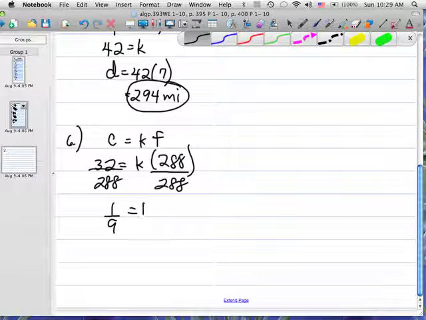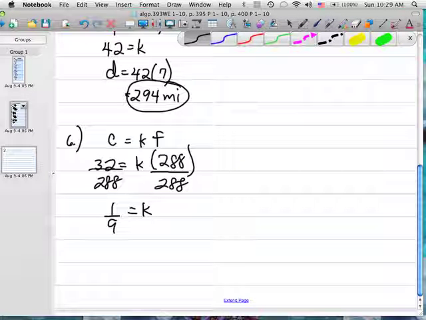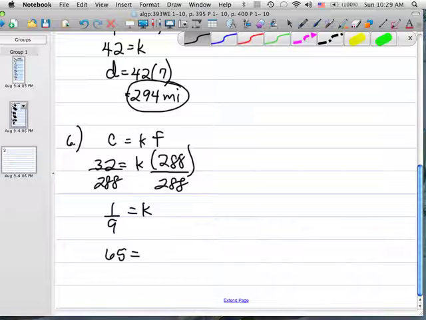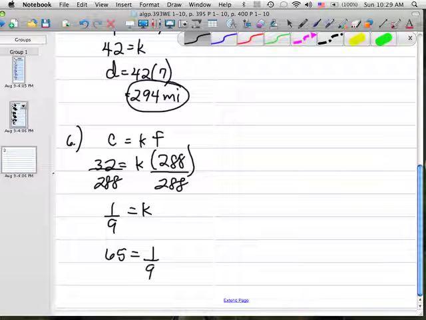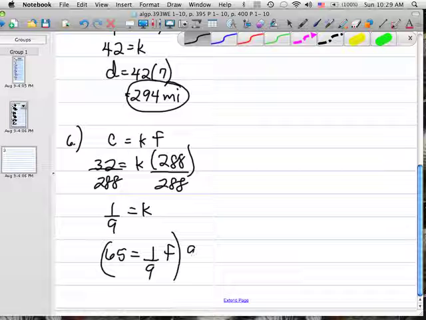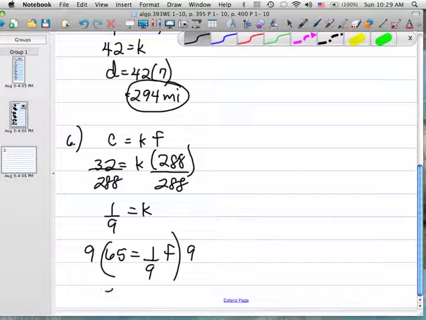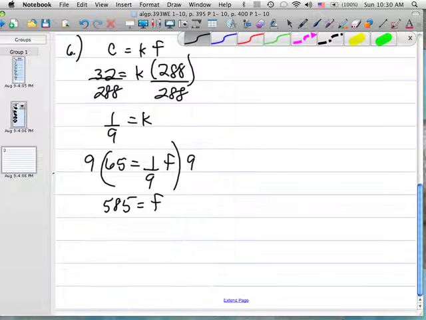So 1/9 equals our constant of proportionality. And they want us to find the force when the current is 65. So 65 equals 1/9 of the force. Multiply both sides by 9. And we get 585 volts equals the force.